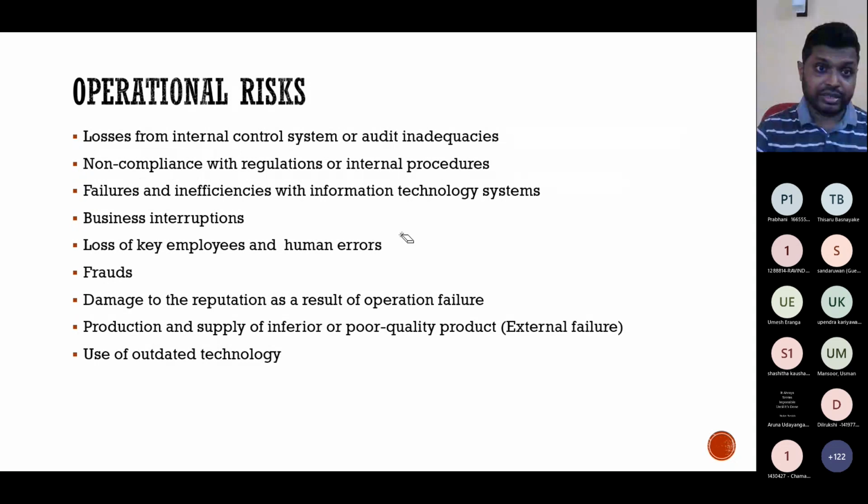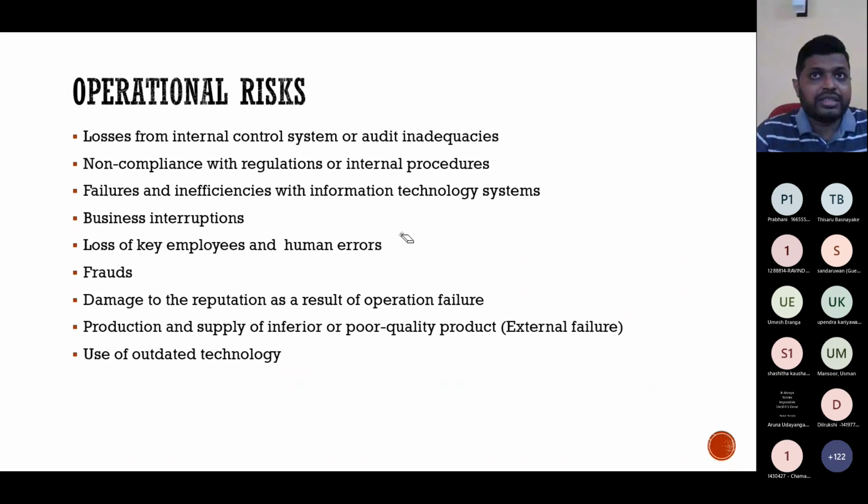While reading this information, I have seen a few operational risks. Can you remember whether you have captured them? Losses from internal control system or audit inadequacies: there was not sufficient information given.